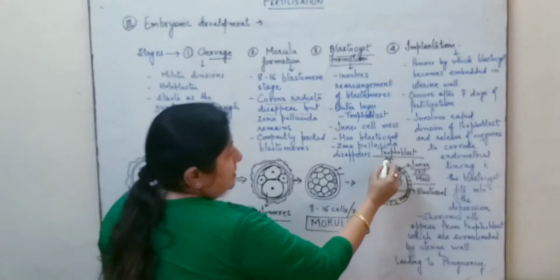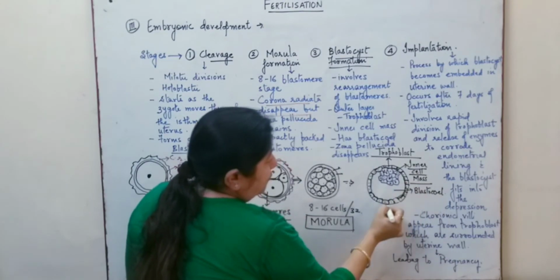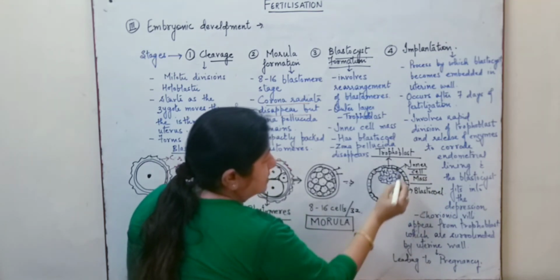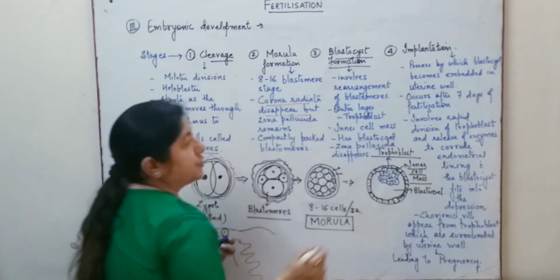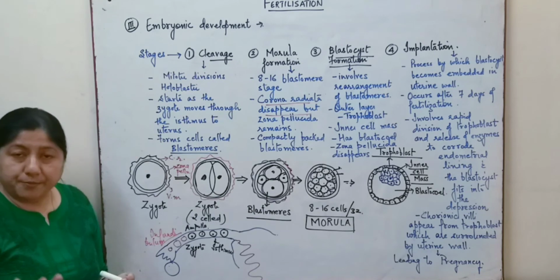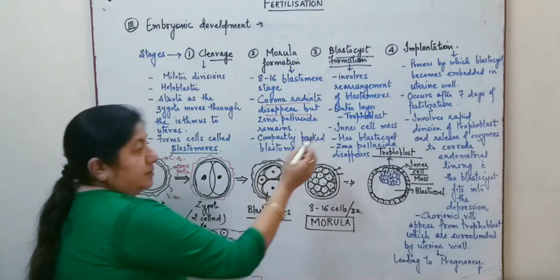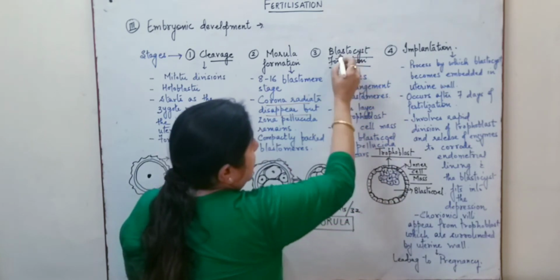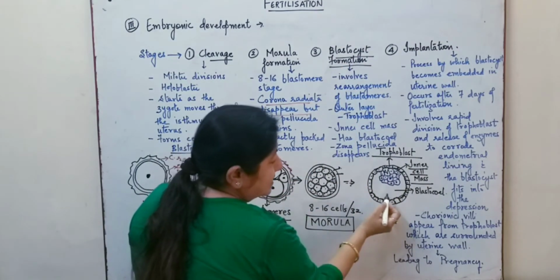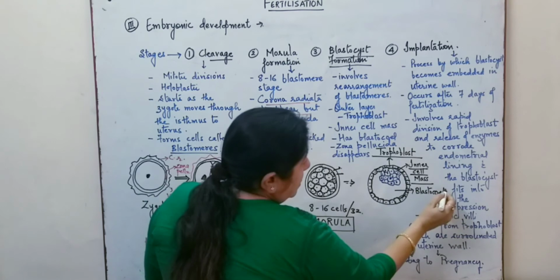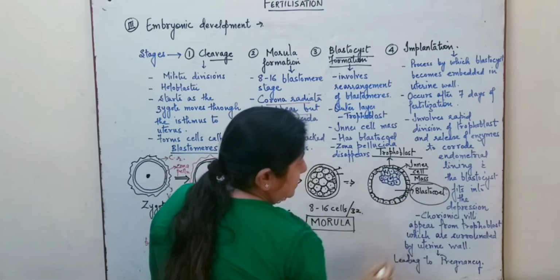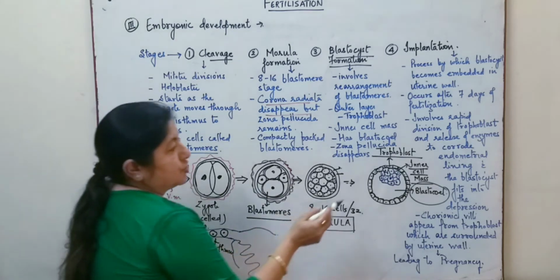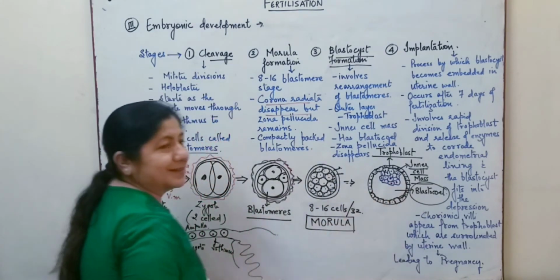The trophoblast therefore provides nutrition and protection, whereas the inner cell mass will develop into the embryo. So this complete structure is known as blastocyst, and it is characterized by the presence of blastocoele, a fluid filled cavity due to the secretions of the trophoblast and the inner cell mass.